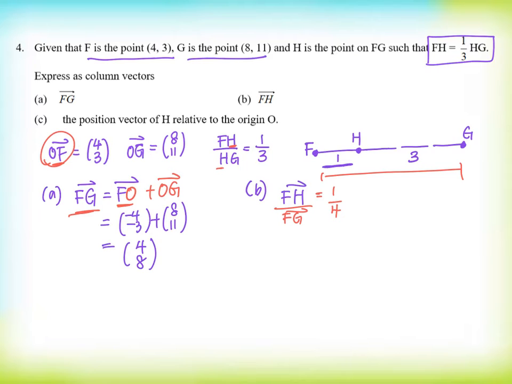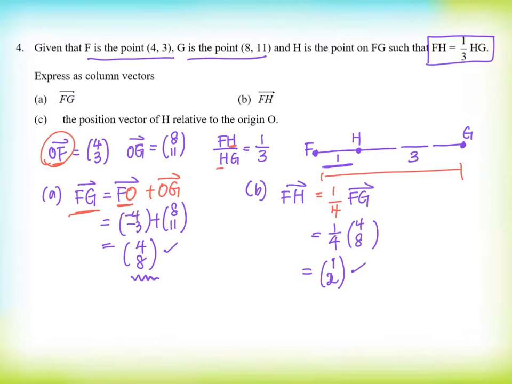So FH is actually 1/4 of FG. That means 1/4 of the column vector FG, which is 4, 8, and FH will be 1, 2. Now it's quite clear to see that these two vectors are also parallel to each other.